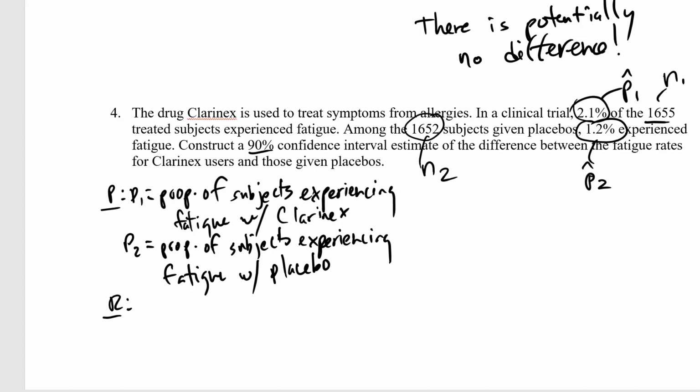Requirements. It said in the trial, treated subjects. Nowhere in there does it say it was random. So I will assume randomness throughout this test. If later on I find out that they didn't assign these randomly, then that makes this whole research bogus. How do we get normality?